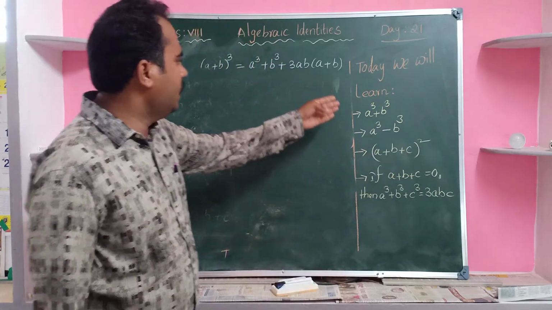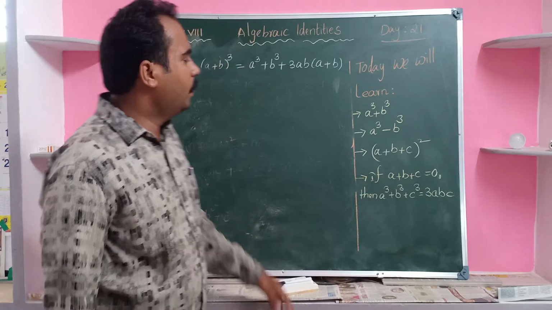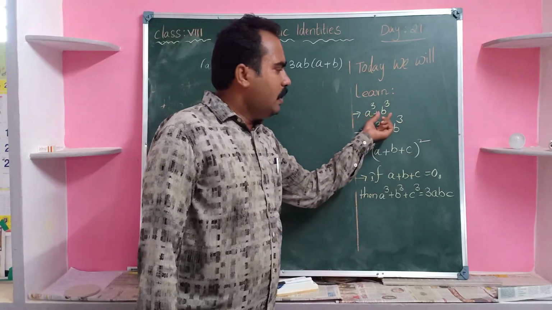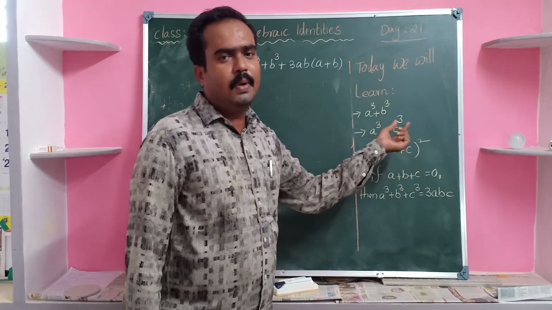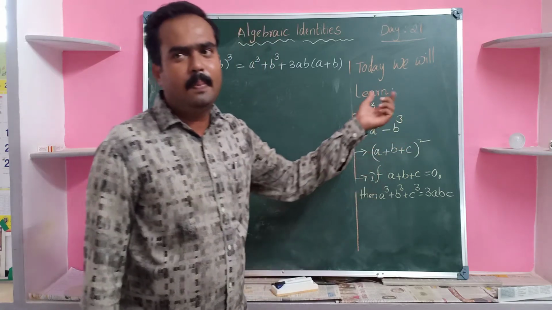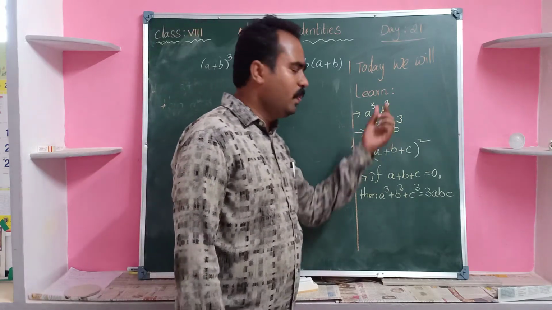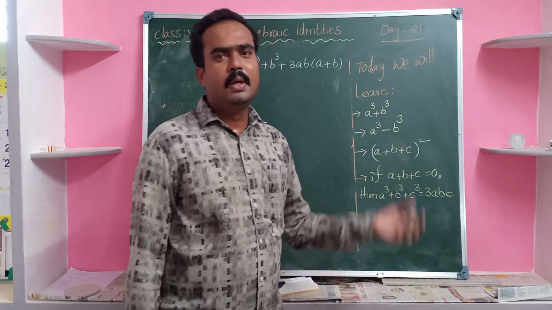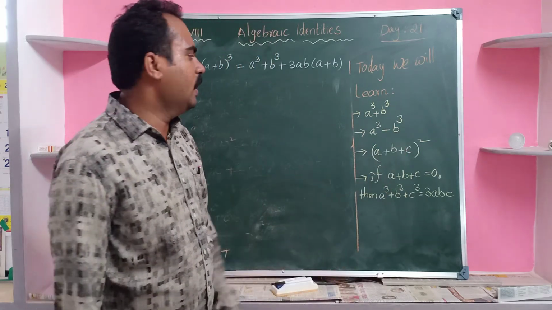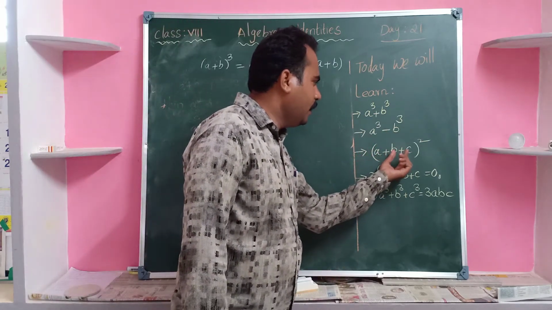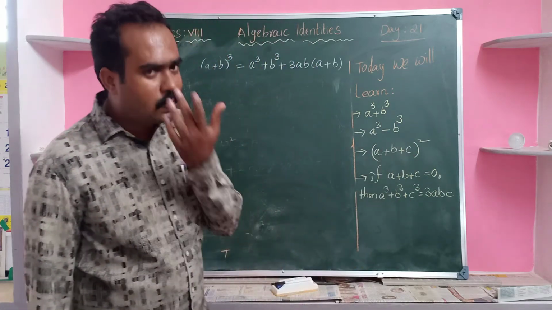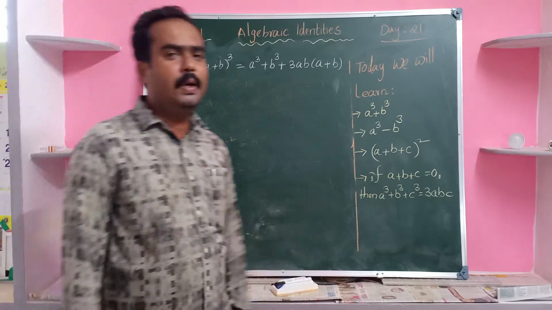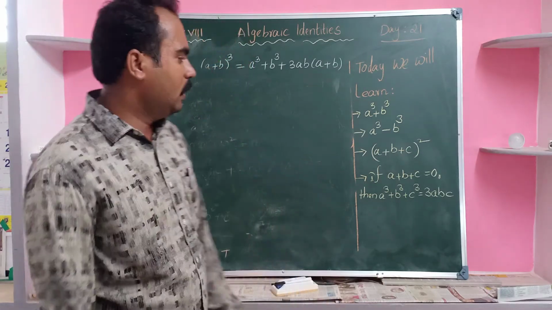Again, see, what is a cube plus b cube? a cube plus b cube is equal to a plus b into a square minus ab plus b square. What is a cube minus b cube? a cube minus b cube is equal to a minus b into a square plus b square plus ab. What is a plus b plus c whole square? a square plus b square plus c square plus 2 into ab plus bc plus ca.